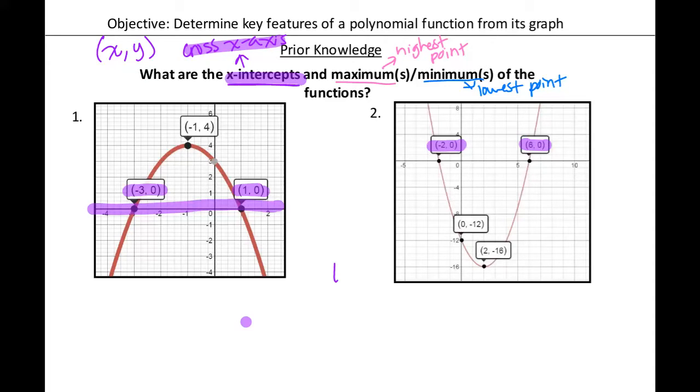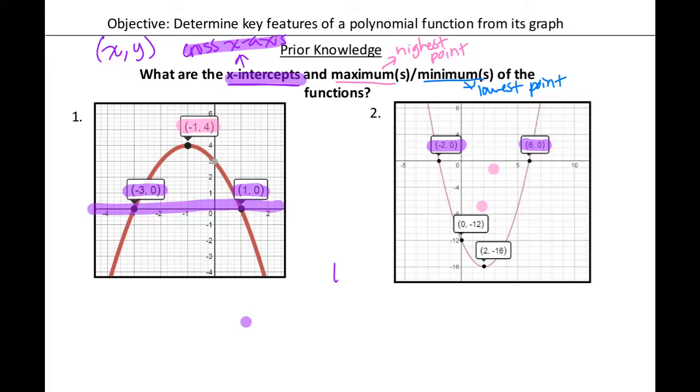Good. All right, then the maximum is the highest point. So which one has the maximum? Graph 1 or graph 2? Cool. Which one has a maximum? Graph 1, right? Maximum right here is the highest point.